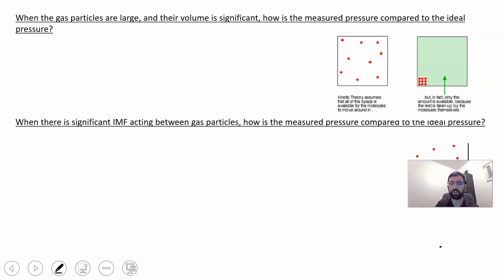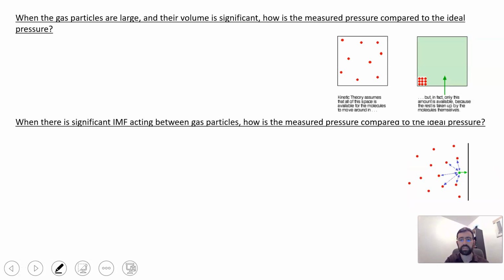And we've got some diagrams on this page. A couple examples. When the gas particles are large and their volume is significant, how is the measured pressure compared to the ideal pressure? I just copied those images from your notes to make it a little more visual. Well, we have to think about what's really changing.